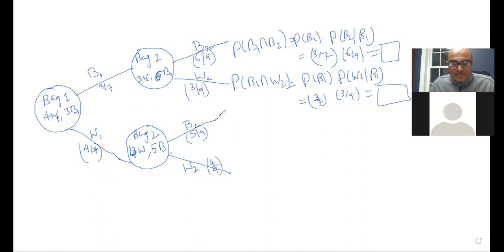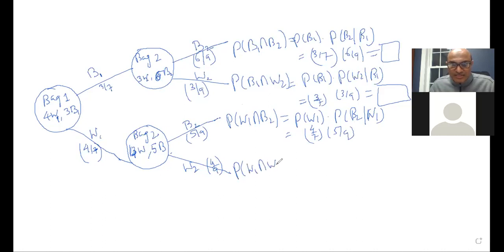So the probability of W1 intersection B2 is equal to probability of W1 times probability of B2 given W1. Probability of W1 is 4 by 7. B2 given W1 is equal to 5 over 9.